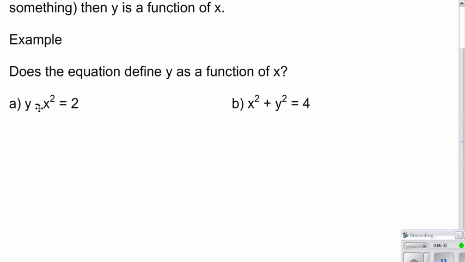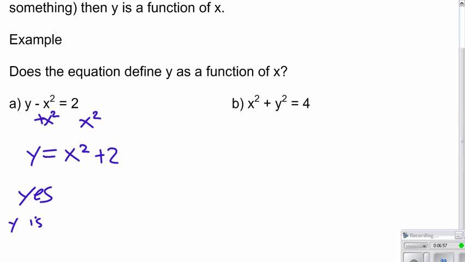Well, if we can solve for y, it is. So let's add x squared to both sides to try to solve for y. Y equals x squared plus 2. Now we have solved for y. There's no strange things happening here. There's no plus or minus, nothing like that. So yes, y is a function of x.